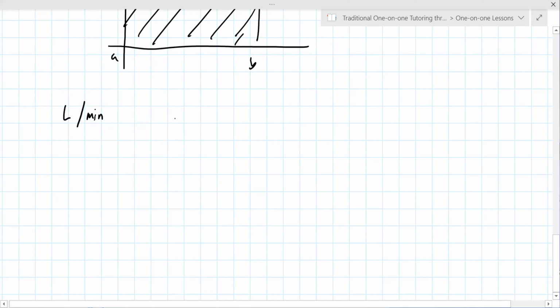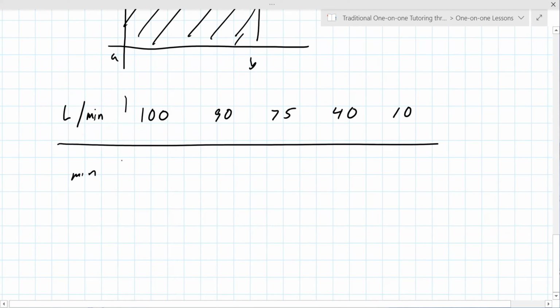Let's say the rate is 100, and then it's 90, and then it's 75, and then I don't know, 40, 10. And this is in minutes. Let's say after 2 minutes, 8 minutes, 14 minutes, 20 minutes, and 24 minutes.